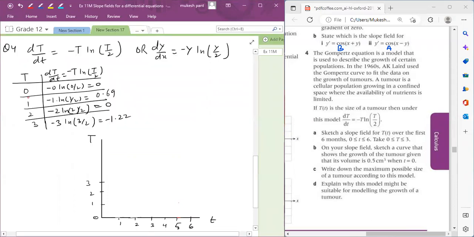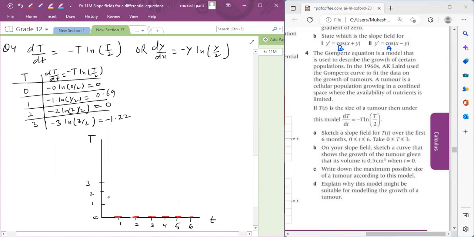If you start from zero, the y value t is the size of tumor, and the small t is month. So wherever t is 0, the gradient dt over dt will be 0. So how to show 0? A flat line on the horizontal axis, parallel to the x-axis.